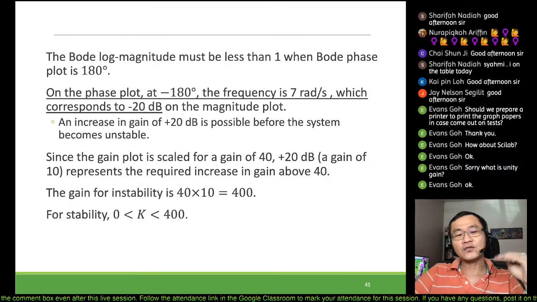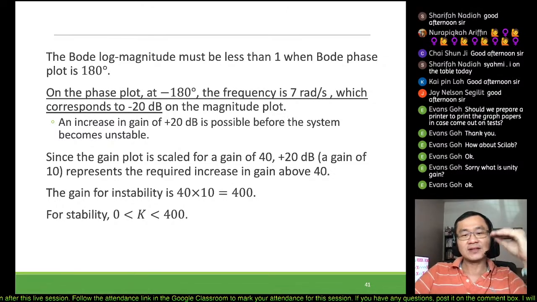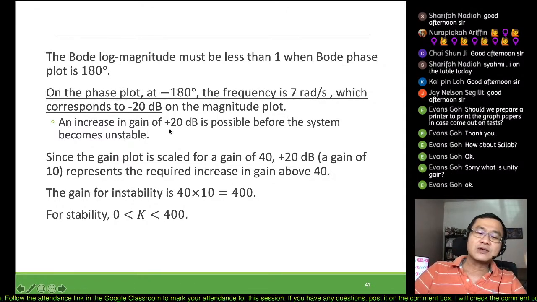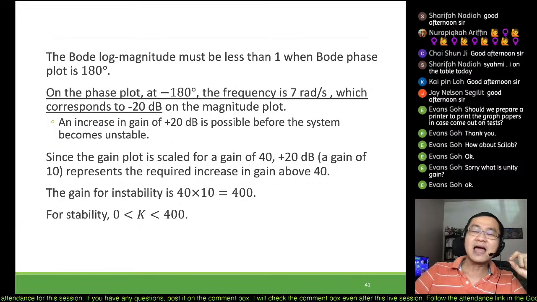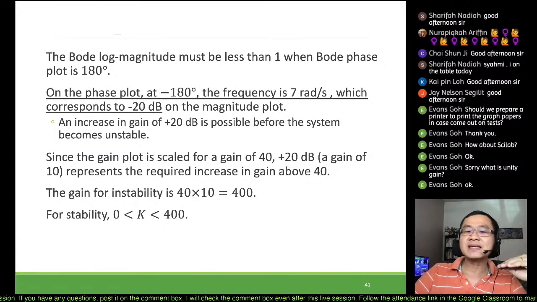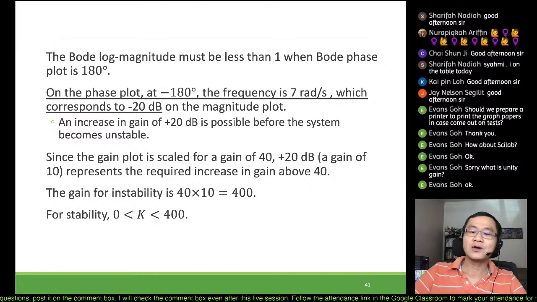So in order for us to actually shift it, meaning there is a gap such that it will remain stable before it becomes unstable.